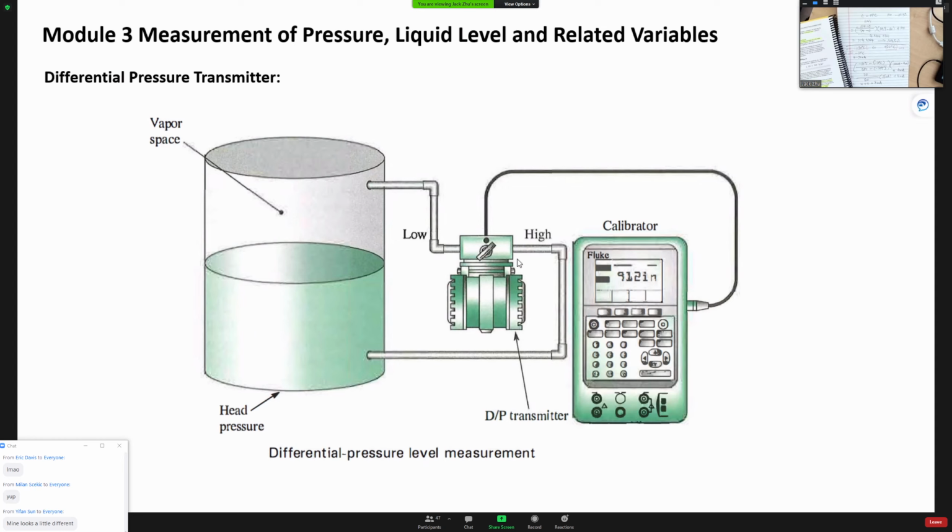They use these two different pressures, then they will know the head pressure, the hydrostatic pressure caused by the liquid only. Then they put that pressure into the controller, transmitter, signal conditioner, and they can display the real height of the liquid in there.